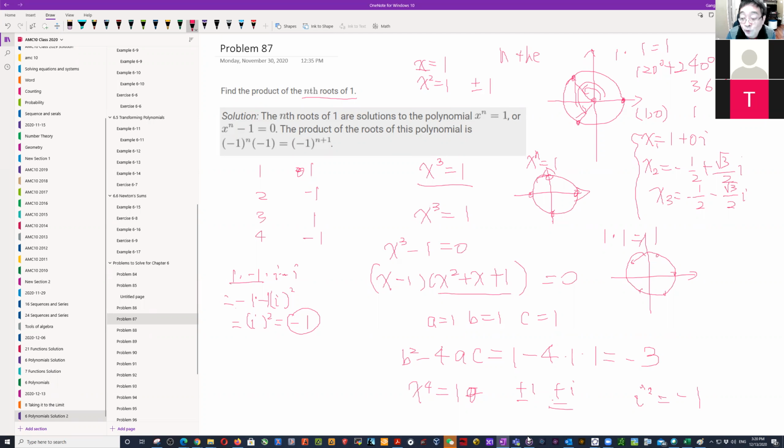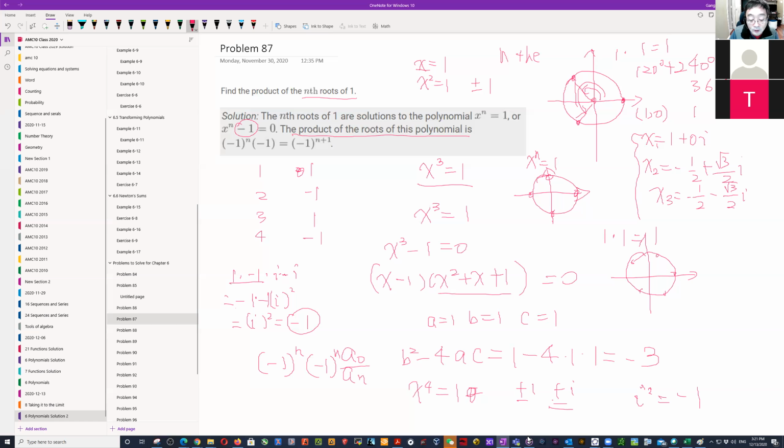Vieta theorem is that the product of all the roots basically is -1 to the n, which is just A0 divided by AN, and -1 to the nth. So the formula looks like this.